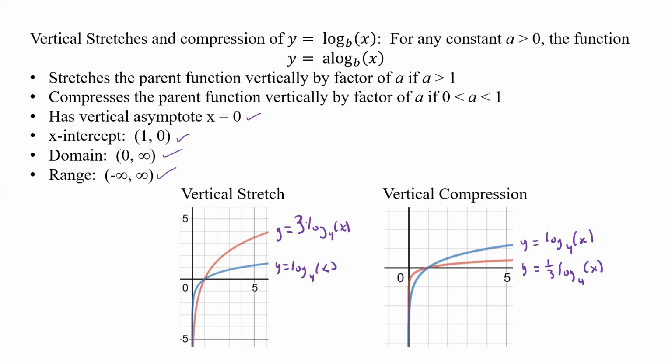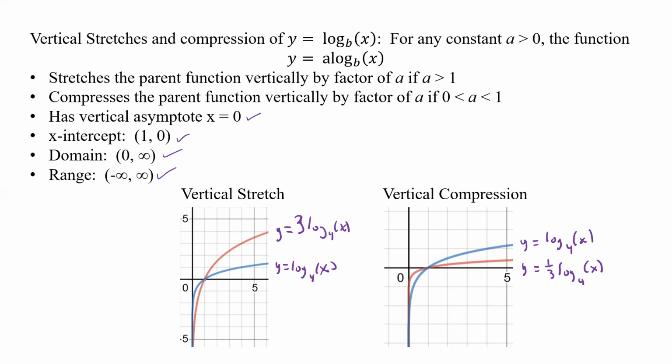So let's look at this. Our original function is log base 4 of x. Kind of make it look a little better maybe. We have our point 1, 0, no problem. And then we're going to have 1, 2, 3, 4, 1, and that's our other point. Now, when a is 3, we're multiplying this times 3.